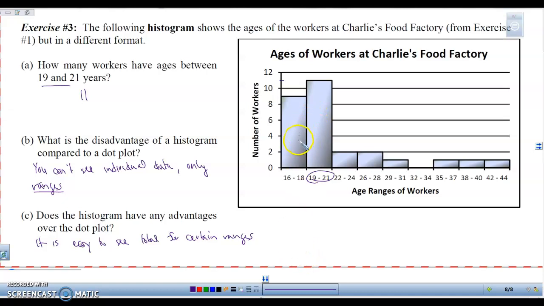Yeah, if we look at our data here, it's really quick to see 16 to 21, there's a lot of workers there. Or if we wanted to say that the fewest workers fall between 35 and 44, or 29 and 44, we can see that really quickly on there. So it's easy to see totals for certain ranges. But with a histogram, you can't see individual data. If you wanted to see individual data, you'd have to look at something like a dot plot.